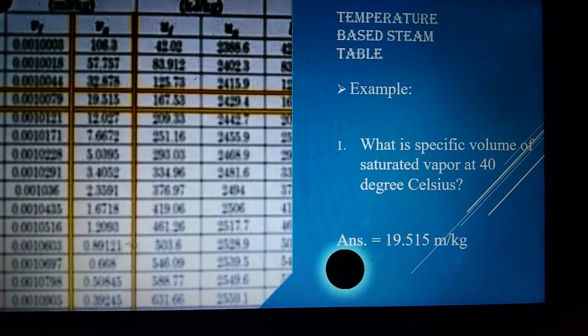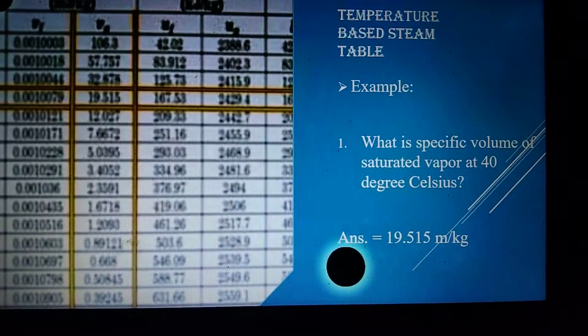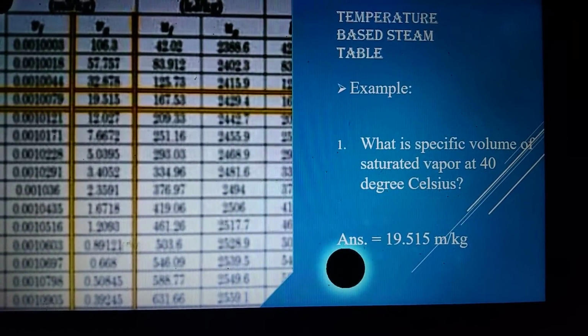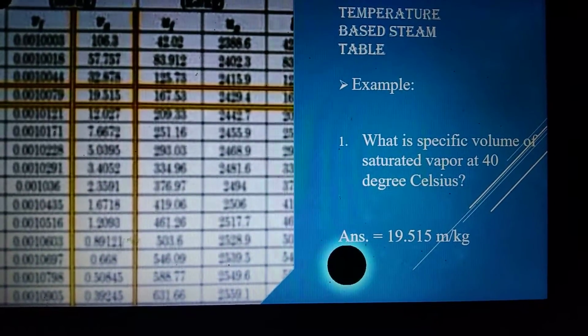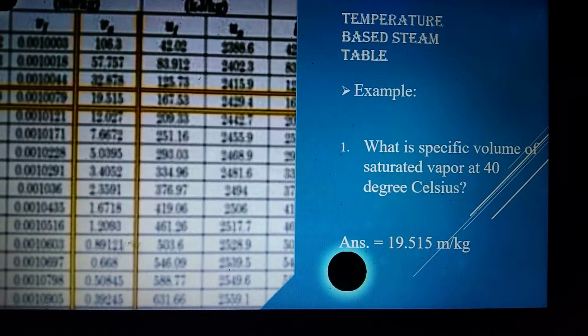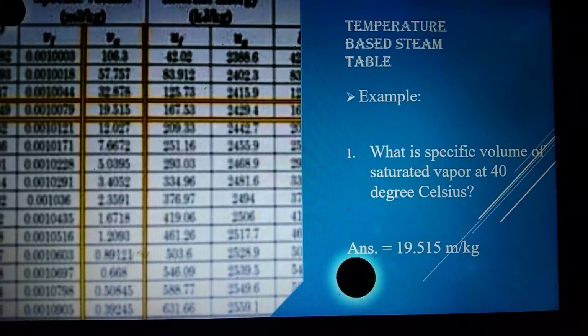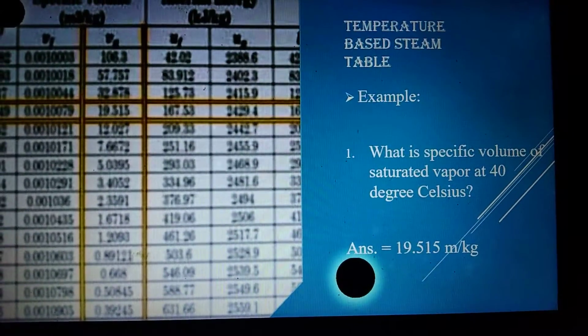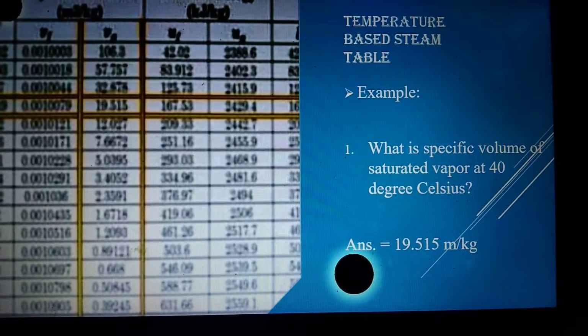Temperature-based steam table. Example number 1: what is the specific volume of saturated vapor at 40 degrees Celsius? The answer is 19.15 cubic meters per kilogram. As you can see at the left side of the screen, that's the answer.